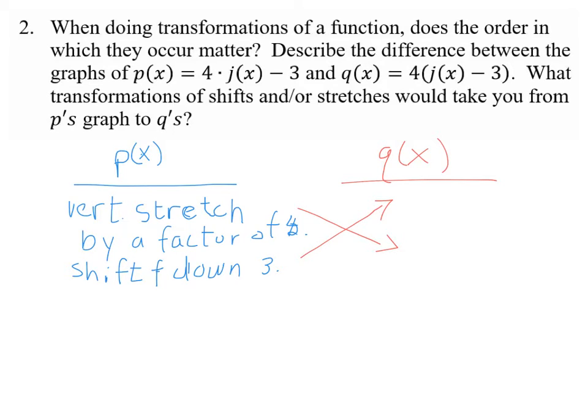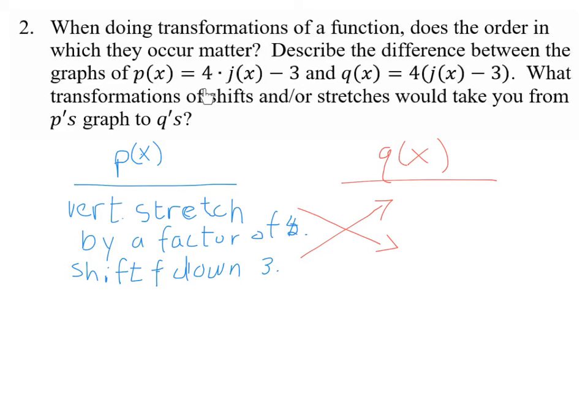So now the question is, does that make these two functions the same or different? There are some different ways you can look at that. One might be to think about an actual graph and whether the graph would give you something different. But it's fairly easy to see that they are different if we just do the algebra.